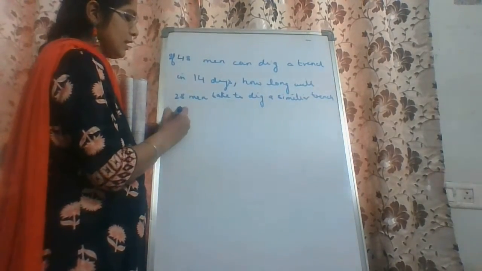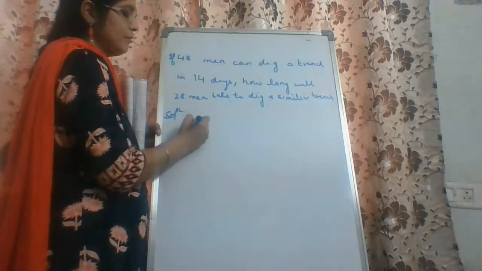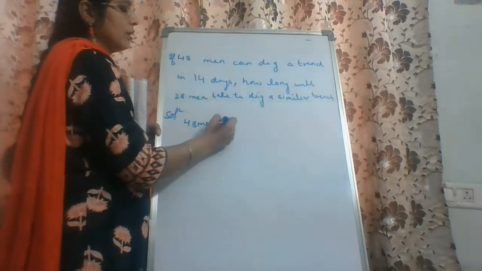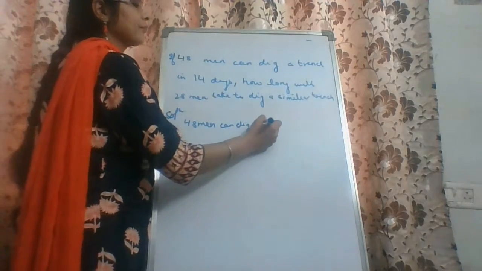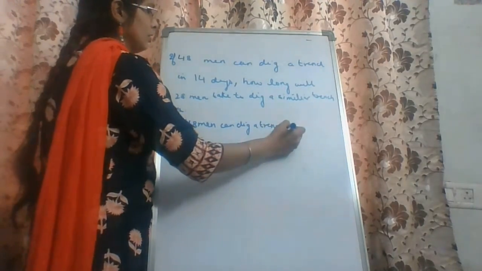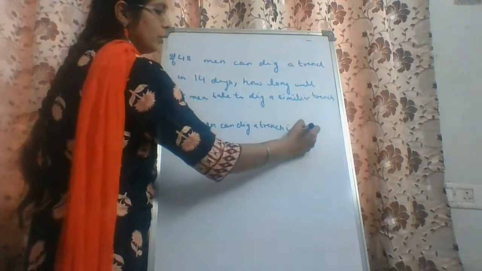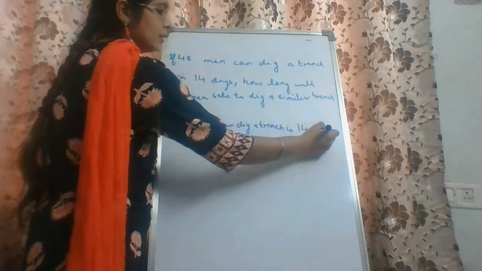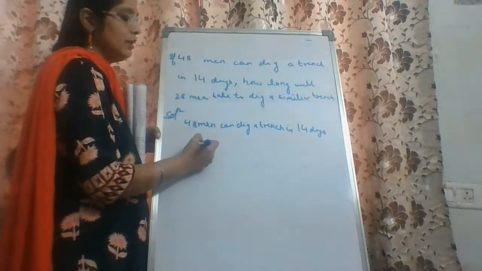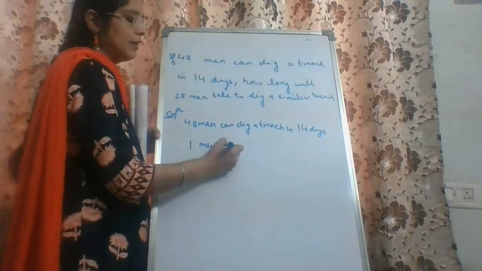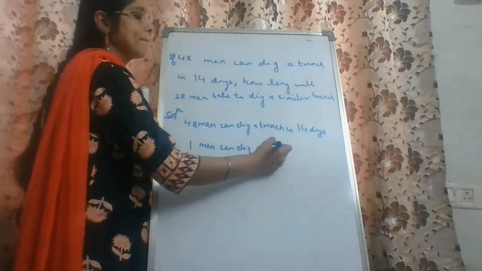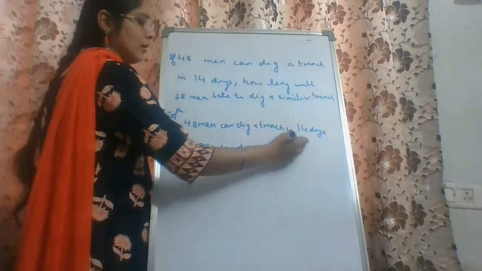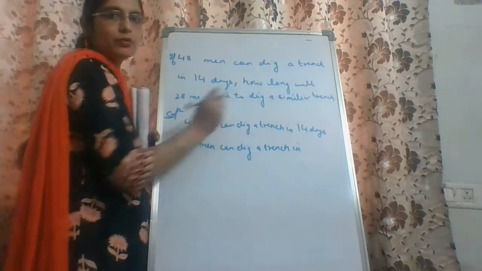So, let us start. 48 men can dig a trench in 14 days. One man can dig a trench in 14 multiplied by 48.